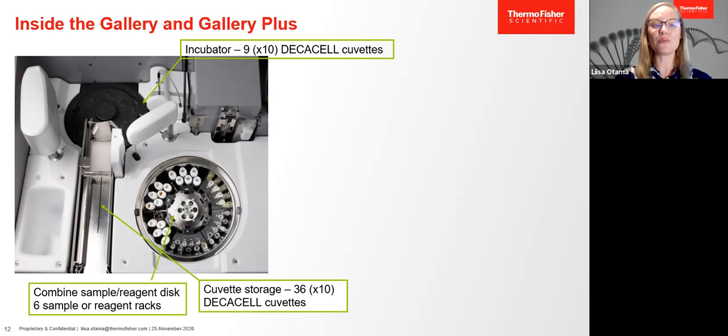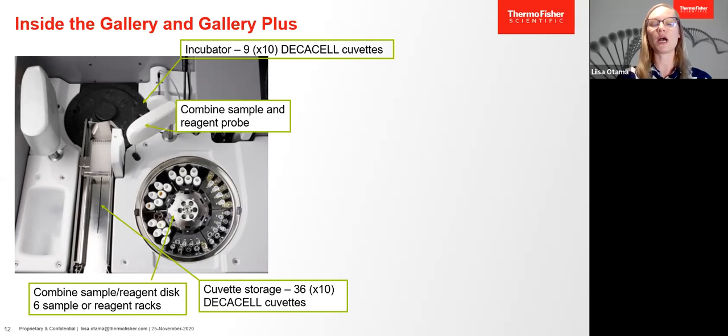On the Gallery analyzer, we have this combined sample and reagent disk, which can carry up to 6 racks. These racks will be a combination of sample racks and reagent racks. Typically, we see maybe 2 reagent racks and 4 sample racks, depending on your workload and the amount of samples you have in the lab.